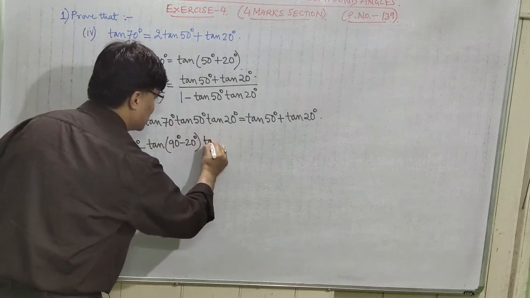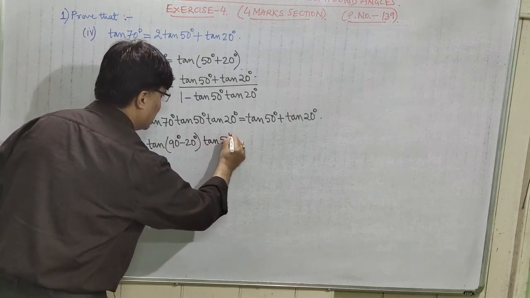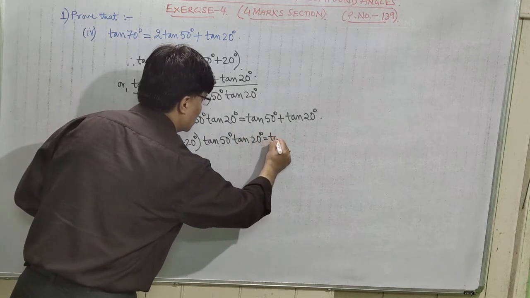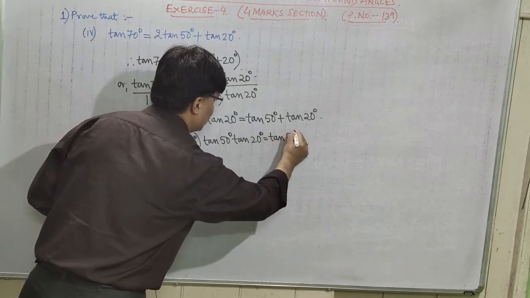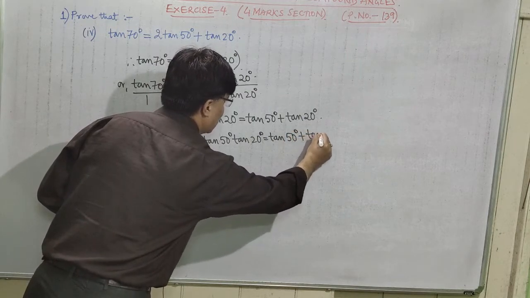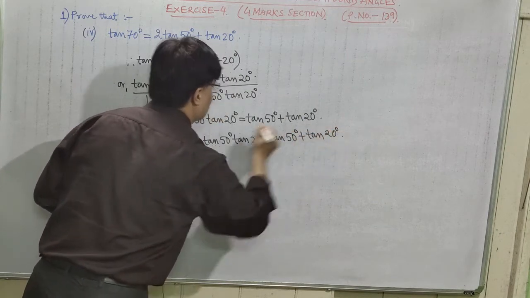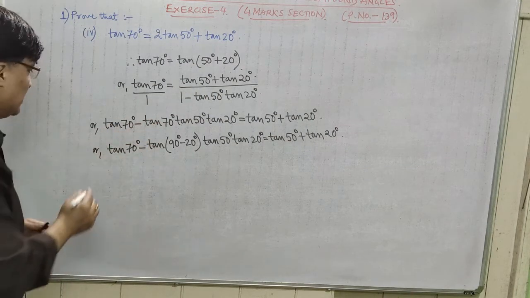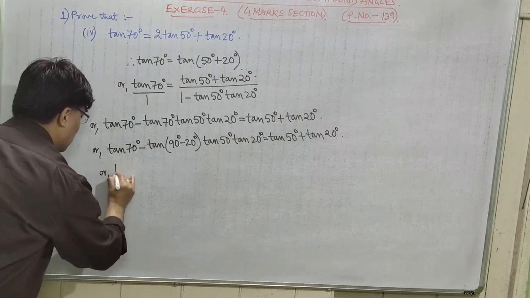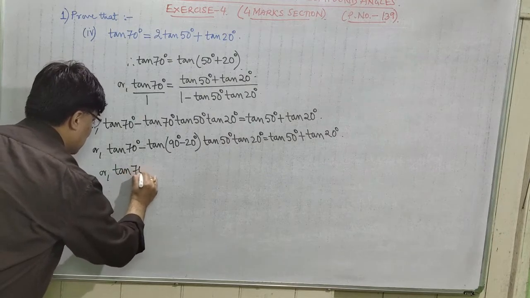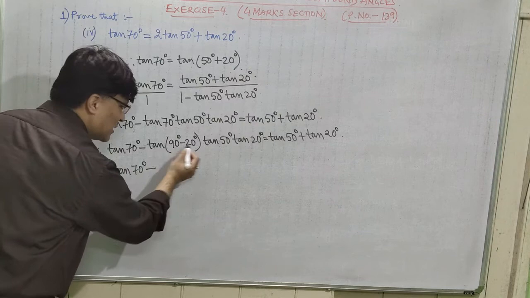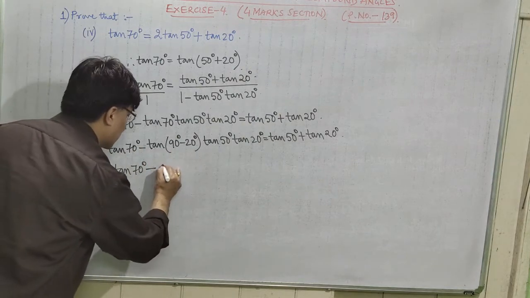Let us keep them as it is, that is tan 50 degree and tan 20 degree remain as they are, which is equal to, right hand side is also kept as it is, tan 50 degree plus tan 20 degree. Now this is tan 70 degree minus, what is this, tan of 90 minus theta is cot theta, you know that.